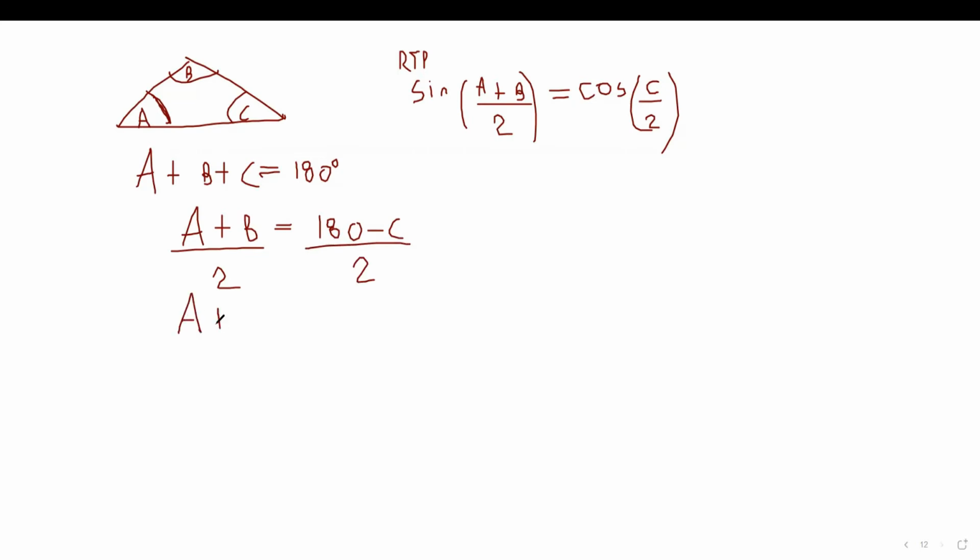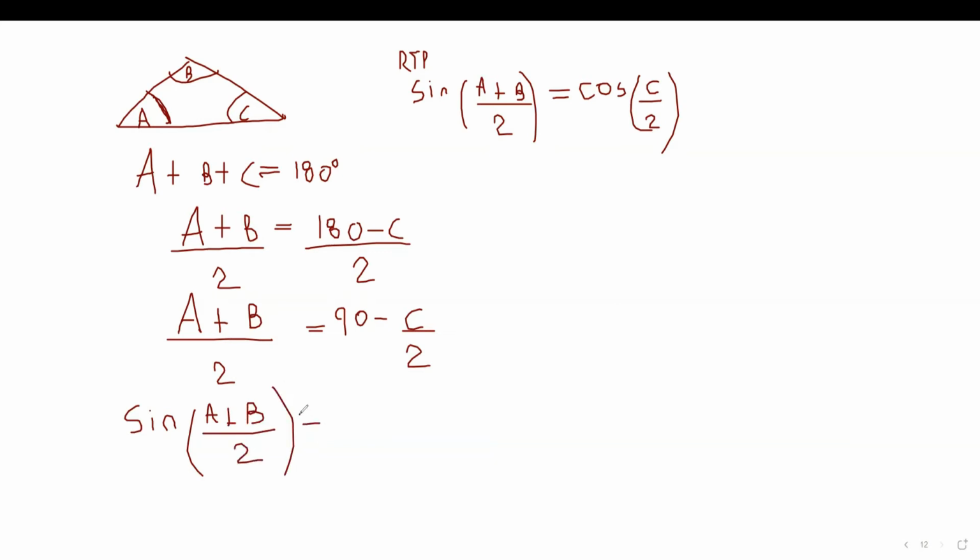So that means that A plus B divided by 2 is actually equal to 180 over 2, which is 90, minus C over 2. Now look at this. I can take the sine of both sides. So therefore the sine of A plus B over 2 would end up equal to the sine of 90 minus C over 2.